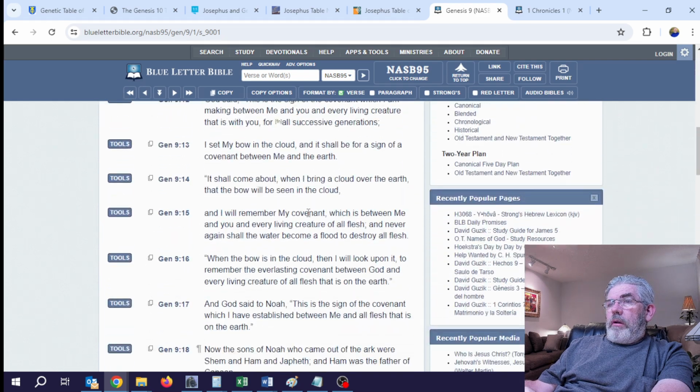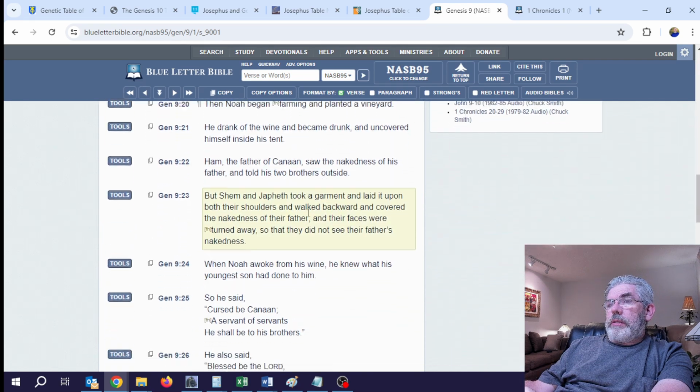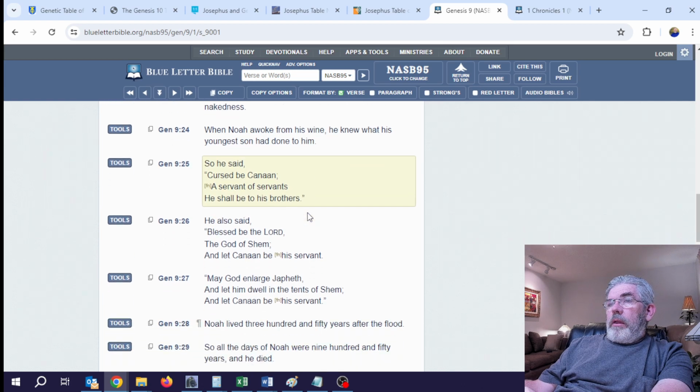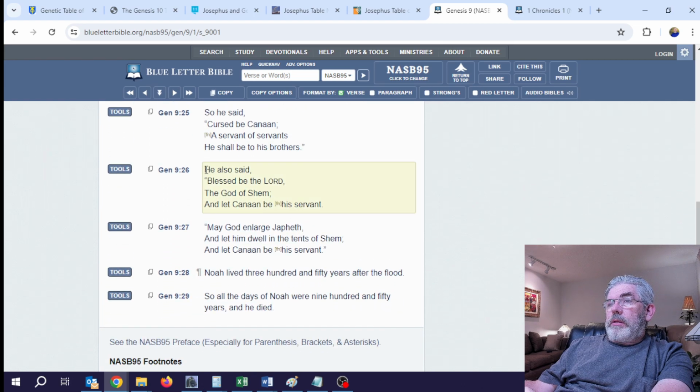If you recall, when we did our last session in Genesis 9, he said this in 9:26. He also said, "Blessed be the Lord, the God of Shem, and let Canaan be his servant. May God enlarge Japheth, and let him dwell in the tents of Shem."